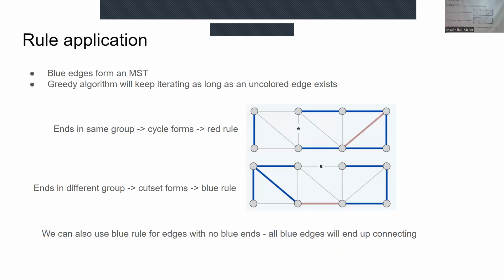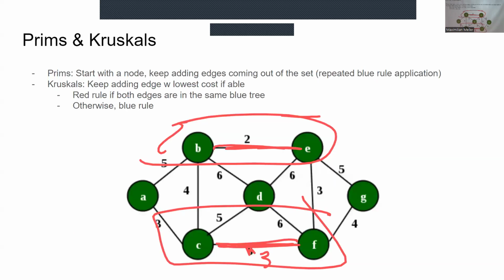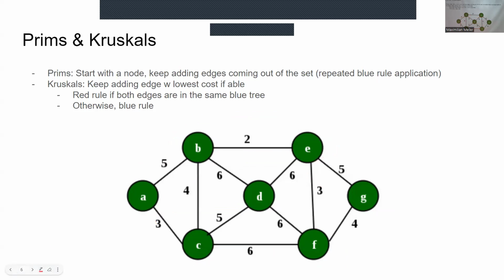And it's proving you can apply either the red rule or the blue rule at any point. And that shows why the blues will always end up connected, because otherwise all of the edges between the sets would have to be red, and that's not possible because that would form a cycle with several red edges and whatnot. But I guess we can talk about Kruskal's now.